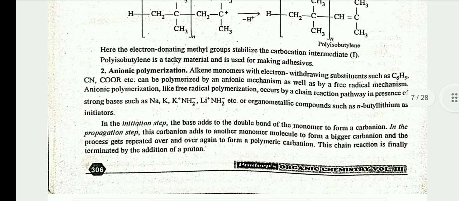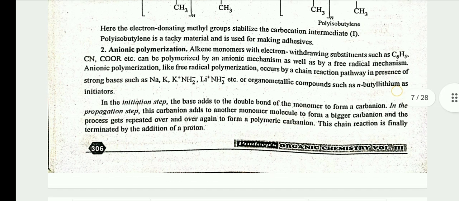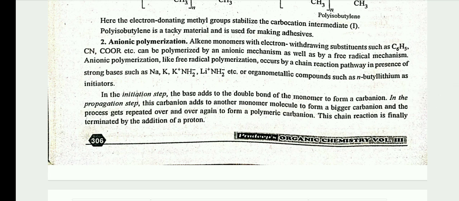Anionic polymerization. Alkene monomers with electron withdrawing substituents such as C6H5, CN, COOR can be polymerized by an anionic mechanism as well as by a free radical mechanism. Anionic polymerization, like free radical polymerization, occurs by a chain reaction pathway in the presence of strong bases such as Na+ NH2-, Li+ NH2-, or organometallic compounds such as n-butyllithium as initiator.